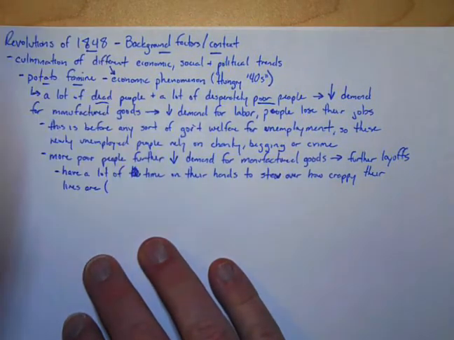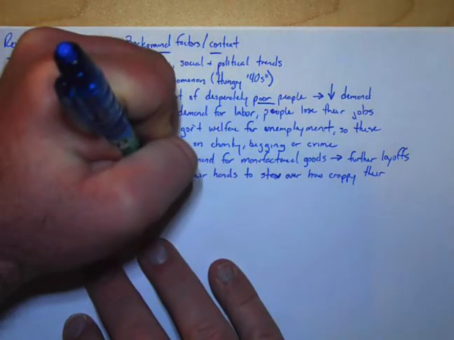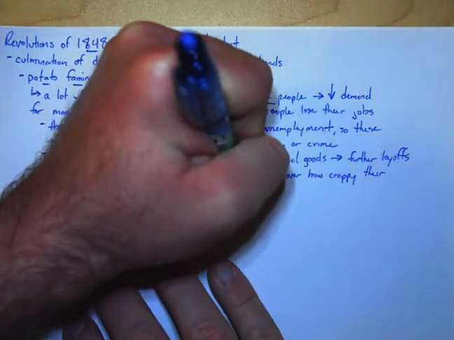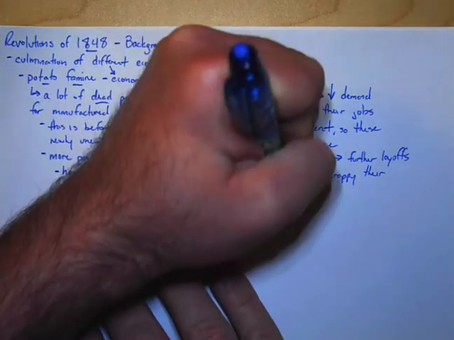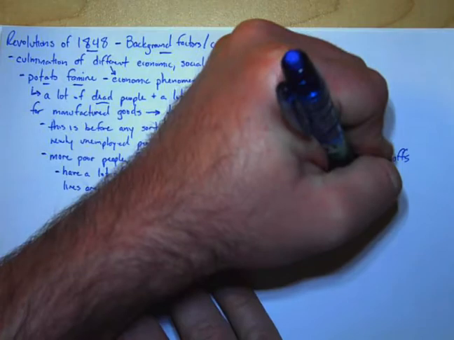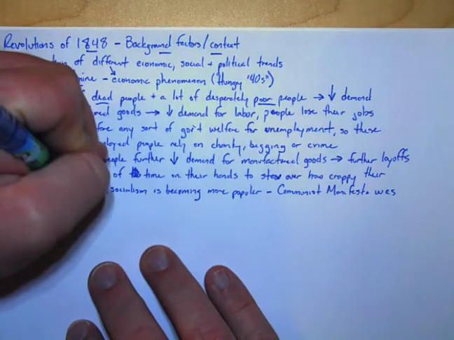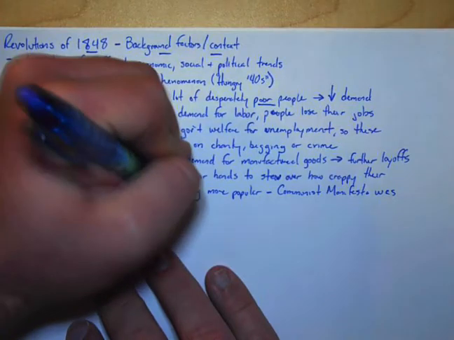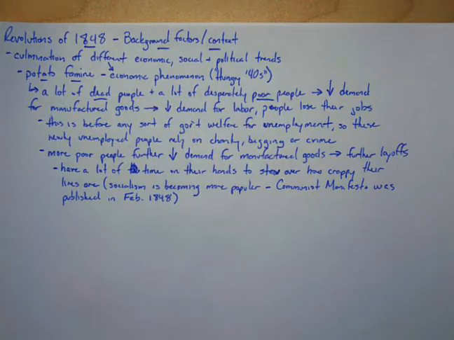And it's no coincidence that socialism is becoming more popular in the 1840s. In fact, the Communist Manifesto was published in February 1848. So right when all of this stuff is about to start, that's when the Communist Manifesto gets published.